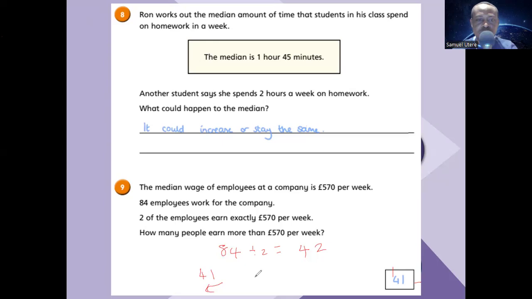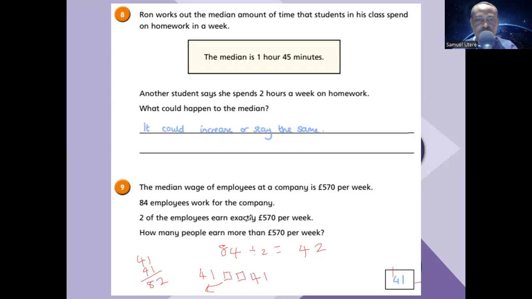and 41 the other way. So we're going to have 2 cards. So 41 plus 41 is 82. So it means we have 2 cards in the middle, which will give us the median of this.